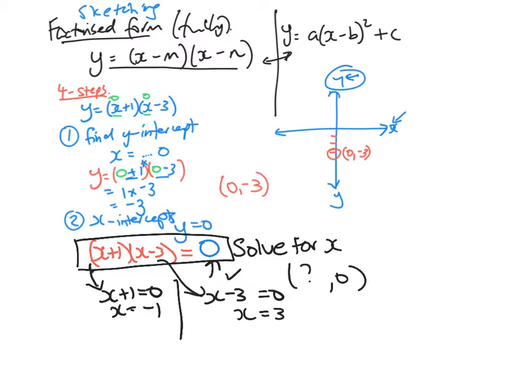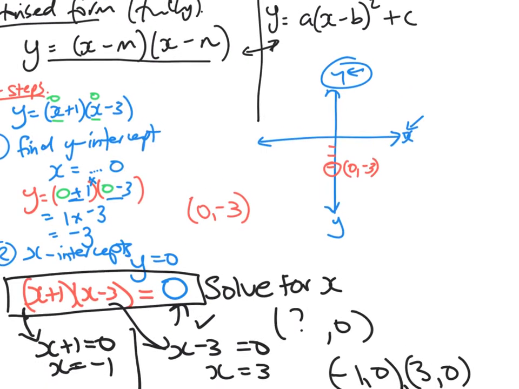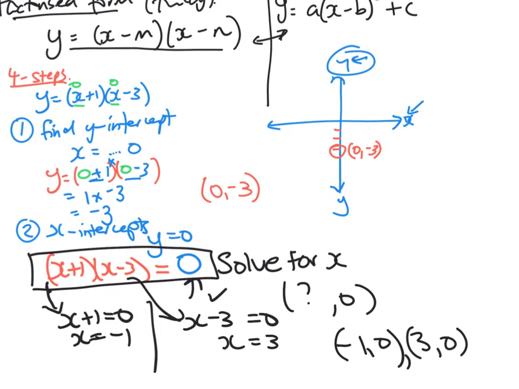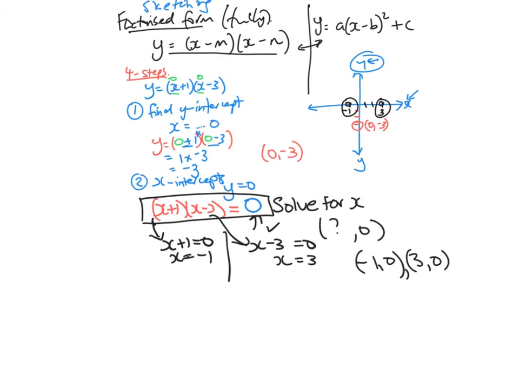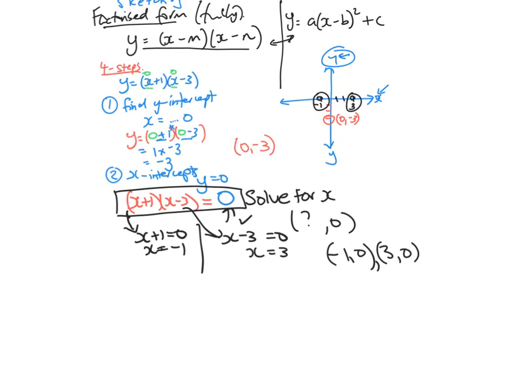So actually we have 2 points: negative 1 and 0, or 3 and 0. Okay, so we found those. I'm going to come back to our graph here and put in negative 1 and positive 3. I want to mark those little points there. Okay, so we have 3 points.